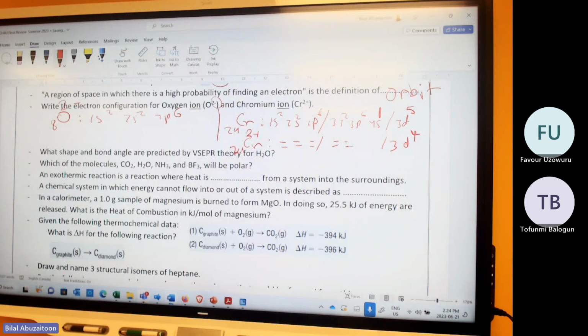So they want to be 4s1, 3d5. For 4s1, we get 3d4 instead of 5. So I took one electron from the s and one electron from the d. Since the s has one electron only, it's done.